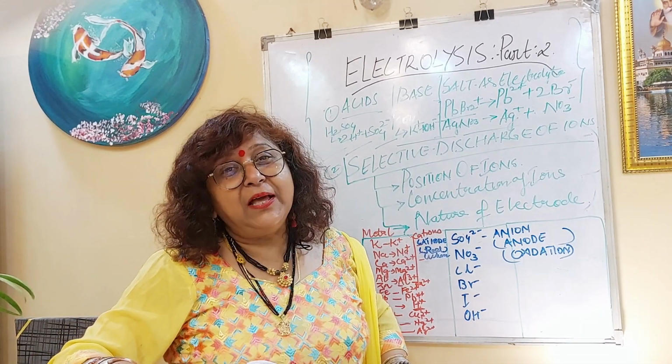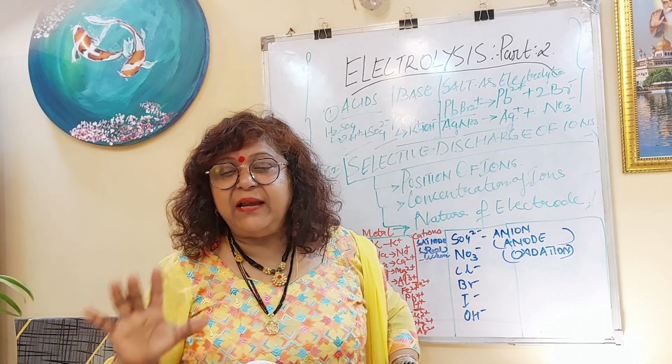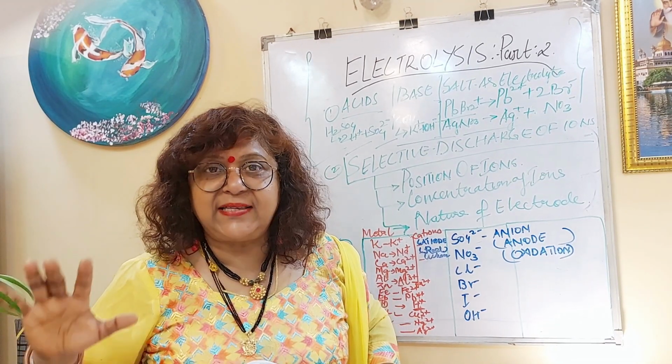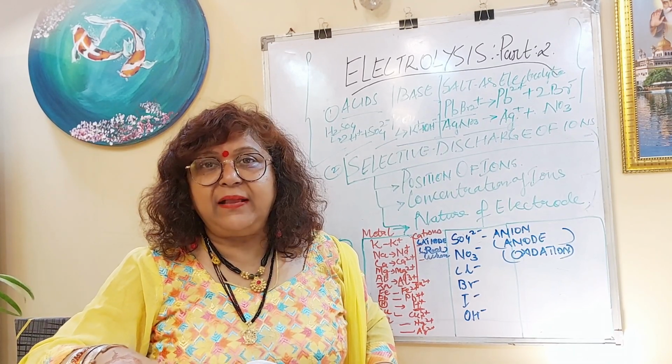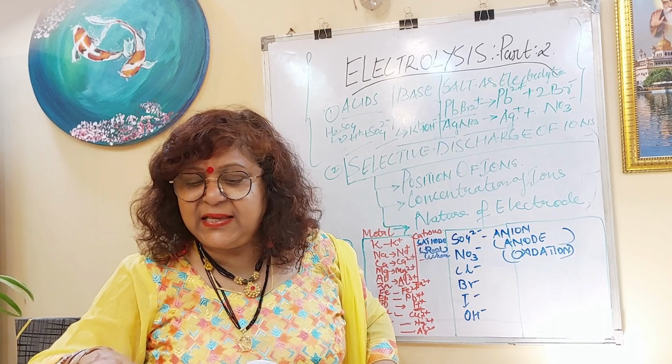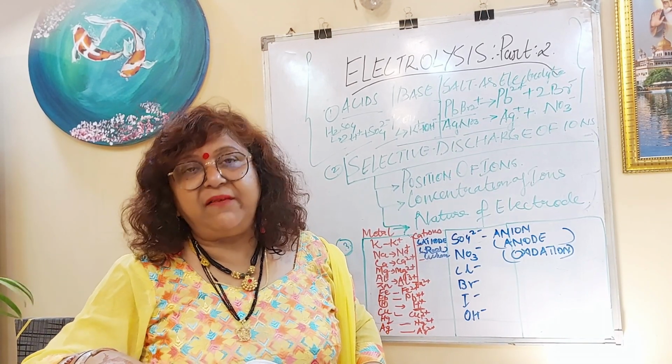This is the rule. Keep it by heart. This is the key point of the electrochemical series. I repeat again, the discharge of cations and anions: the lower the position of the ion forming the element in the electrochemical series, the greater will be the tendency of it to be liberated at the respective electrode.